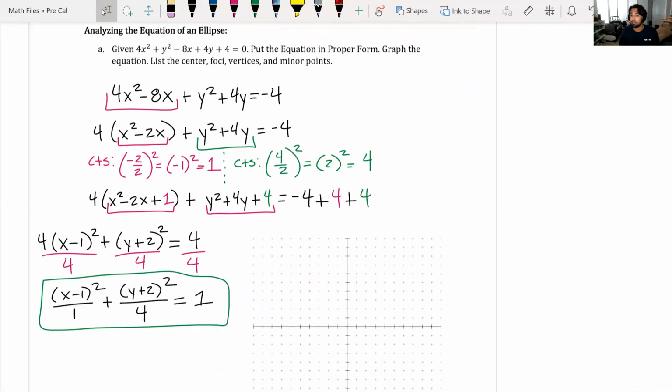And now we have the equation which can tell us what axis we are parallel to. Look at your denominators. Who has the bigger denominator? Does x have the bigger denominator, or does y have the bigger denominator?